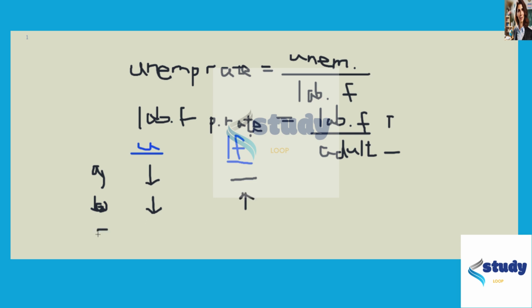Alright, C. After an unsuccessful job search, Arya gives up looking and retires. What is going to happen to the number of people unemployed? It doesn't change if she just doesn't find a job.